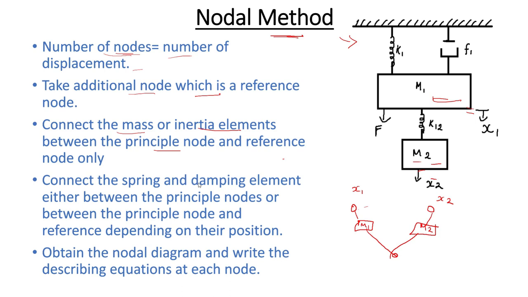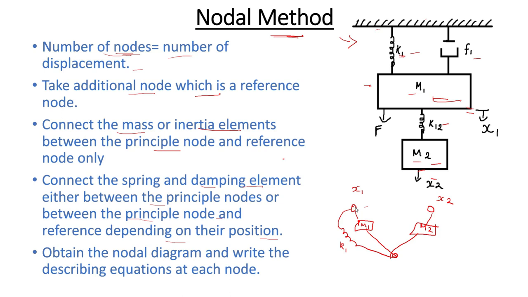Then connect the spring and the damping element either between the principal nodes or between the principal node and the reference, depending on their position. Here we have three other elements. K1 is between the displacement and the reference, so this is your K1.